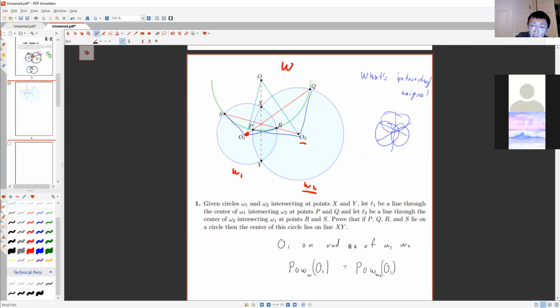So maybe we should give names to the radii, right? Like R, R1 and R2. This is R, this is R1, this is R2. So what is the power of O1 with respect to omega?